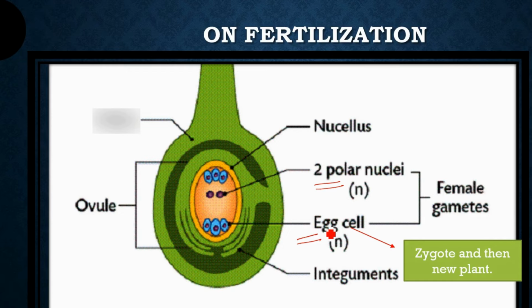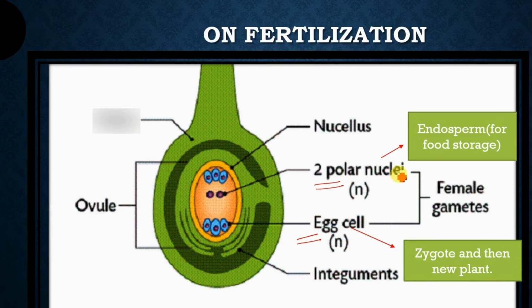When the male gamete fuses with the egg cell, it forms a zygote and develops into an embryo, which ultimately leads to the formation of a new plant. The two polar nuclei and the male gamete fuse together and form the endosperm. The seed contains endosperm, which is responsible for food storage, providing food to the growing plant.